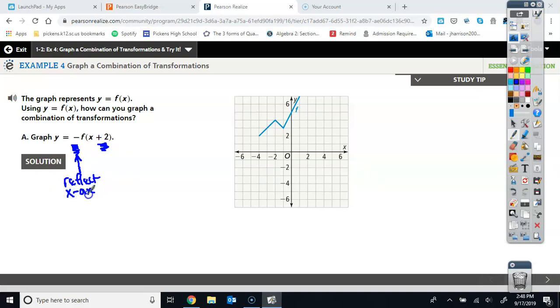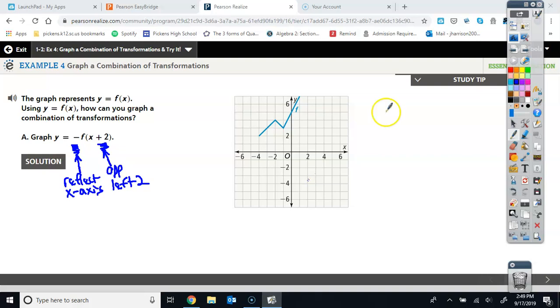This number here, the plus 2 on the inside, remember to take the opposite of it, and it's going to move it to the left 2 spaces. So if we take this particular graph right here, and we flip it and move it to the left 2 spaces, it is going to give me my new function, my new graph.